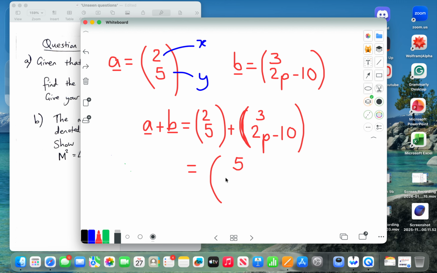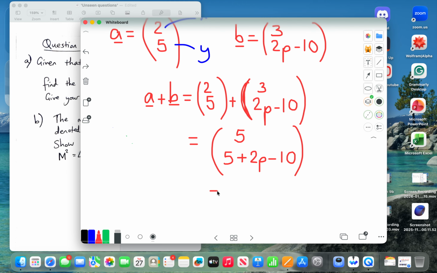So we get 5 plus 2p minus 10. We can simplify this. 5 is the new x component, and 5 minus 10 is minus 5 plus 2p, giving us 2p minus 5.